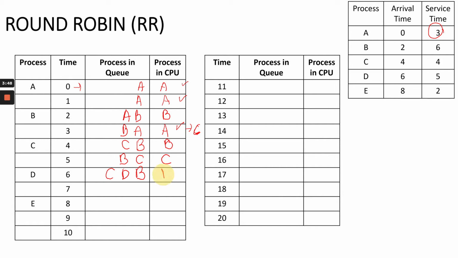So now process B is selected to run in the CPU.